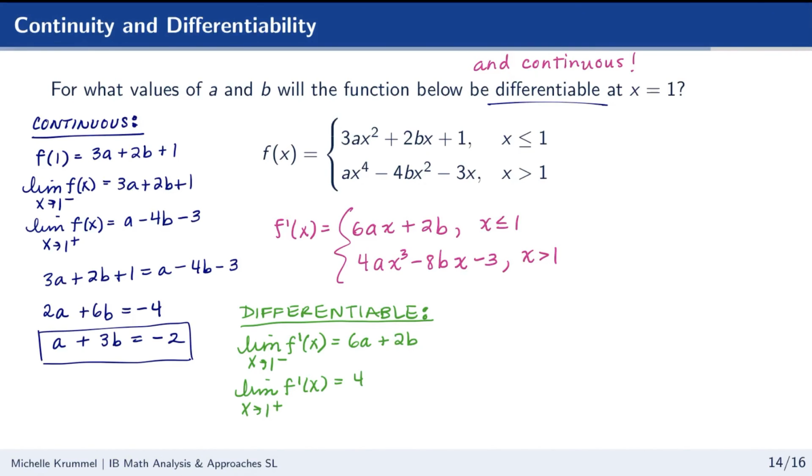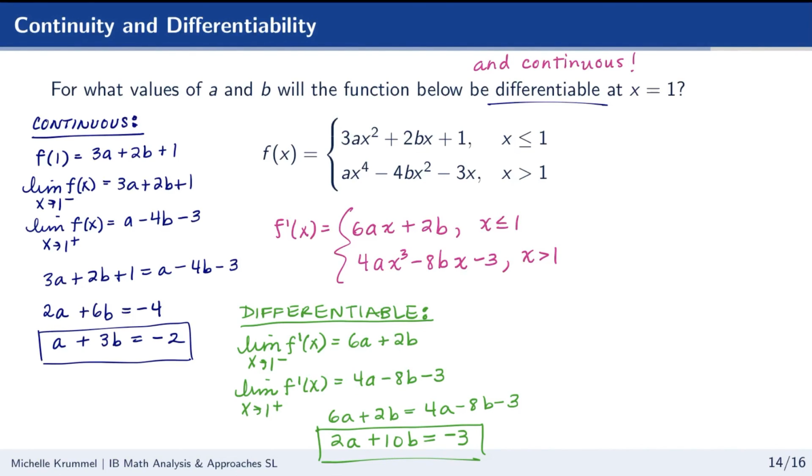So 4a times 1 cubed minus 8b times 1 minus 3. Those have to be equal to each other. So 6a plus 2b equals 4a minus 8b minus 3. And then rearranging terms, 2a plus 10b equals negative 3.